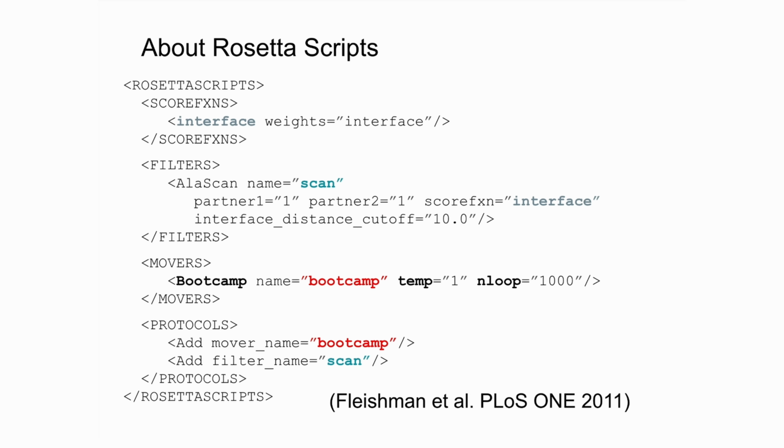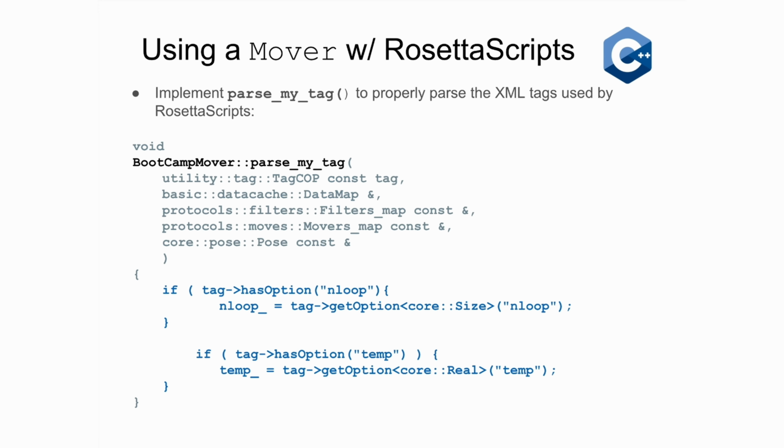Here we have temperature and number of loops in this bootcamp mover tag. So how do we read those in? That's the parse my tag function that you'll define in your mover. So that's how you parse your XML tags.